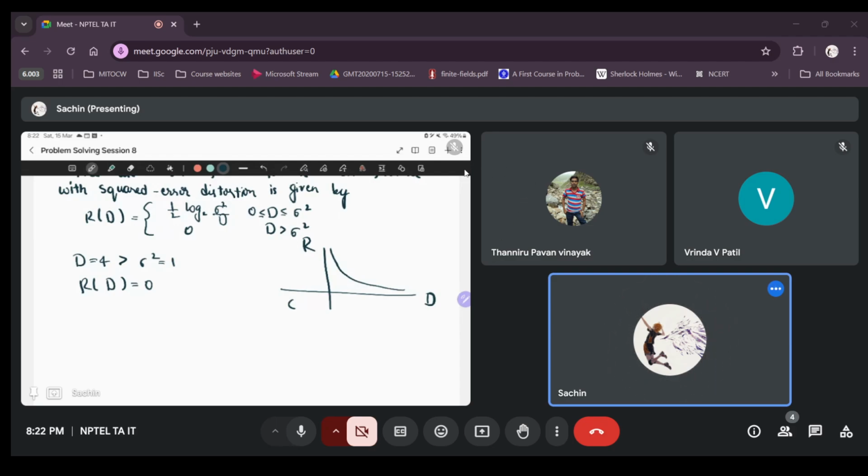Is this the right curve? I can show you an example, instead of drawing an arbitrary curve.